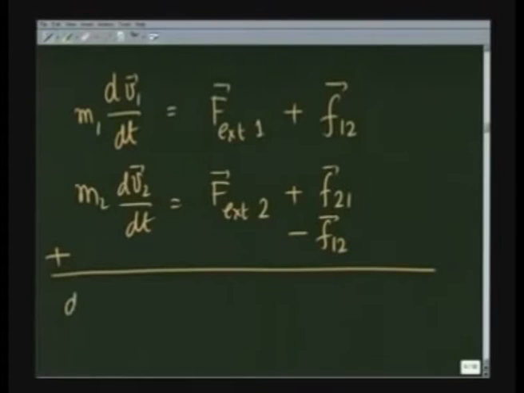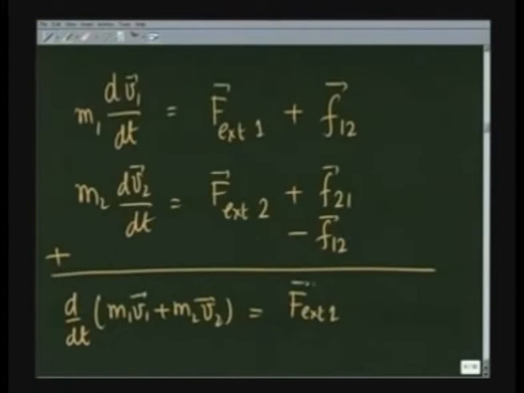If I add the two equations, I again get that d/dt of m1 v1 plus m2 v2 is equal to F external 1 plus F external 2, which is the total force applied on the system.